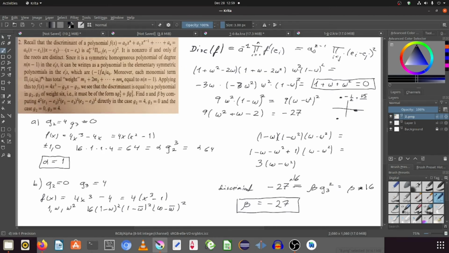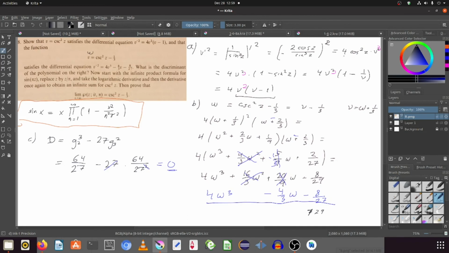That was the logarithmic derivative. What did we have to do? Oops. Here we have it. And the derivative once again.